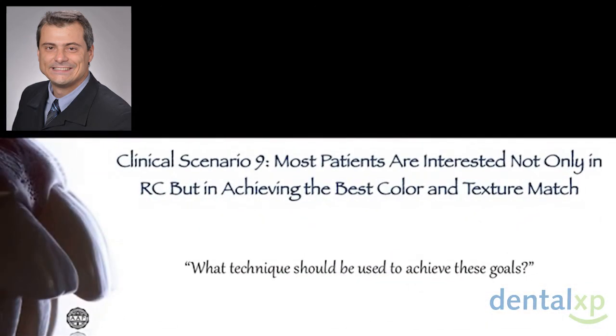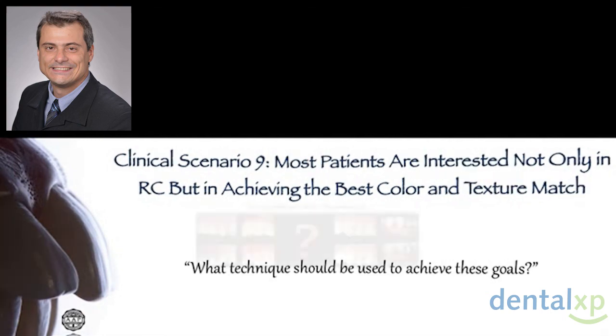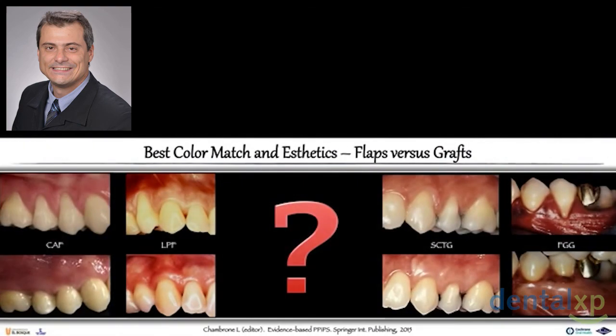Clinical scenario number 9, the last one, regards patient-reported outcomes, where most patients are interested not only in recovery but in achieving the best color and texture match. And the unique question for this clinical scenario is, what technique should be used to achieve these goals? And I will answer this question just showing this slide.